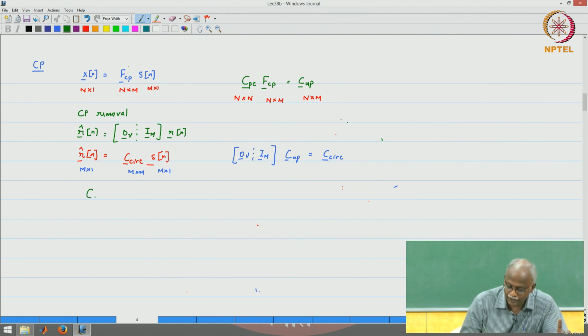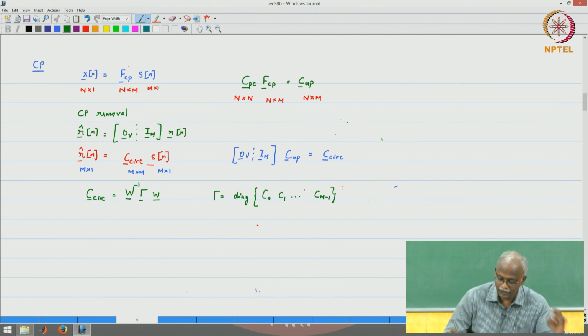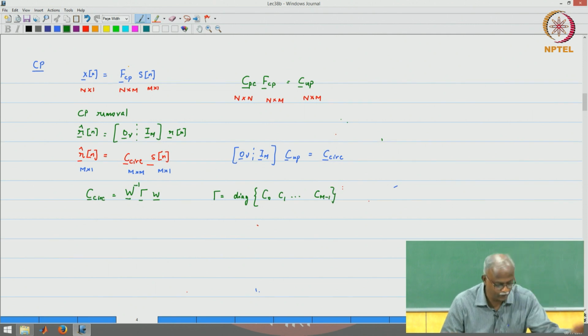We have shown that any circulant matrix can be written in terms of the normalized DFT matrix inverse, gamma, times W. Gamma is a diagonal matrix of the following elements: uppercase C naught, uppercase C1, up to uppercase C m minus 1. These are not the channel coefficients, they are the DFT of the channel coefficients.